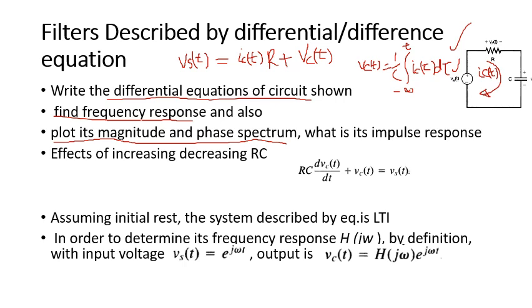Now if I take the differentiation of both sides, then it will be d upon dt of v_C(t), and this is equal to 1 over C times i_C(t).